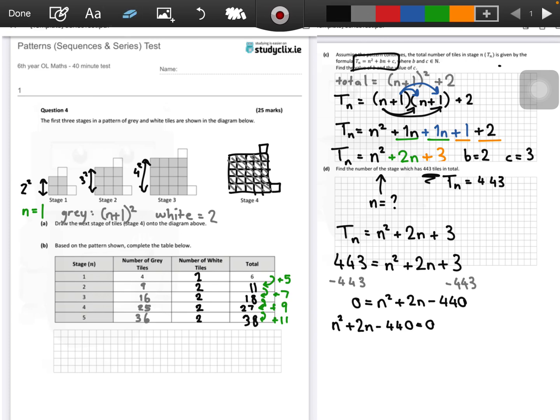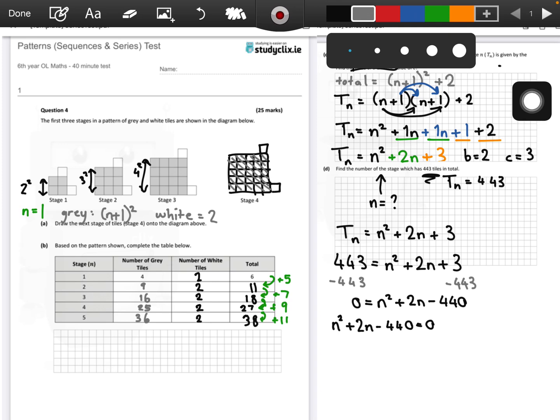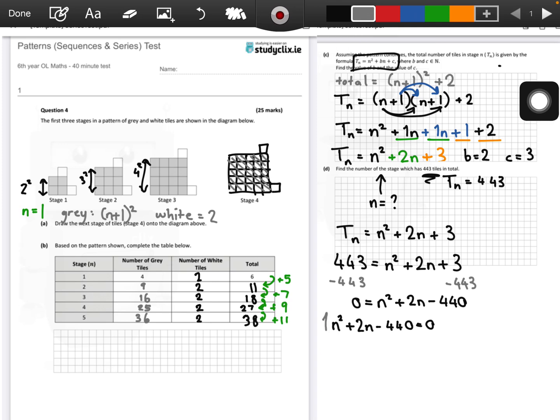I'm going to factorize that the same way I always factorize my quadratics that have a 1 in front of the squared variable. I'm going to start by finding things that multiply to give me this number, and then I'm going to check which ones of them add to give me the coefficient of the variable.